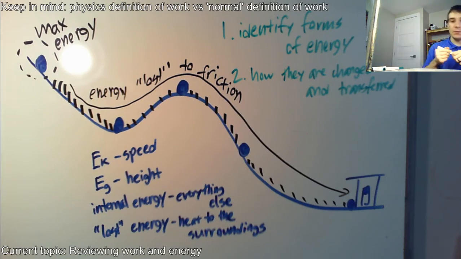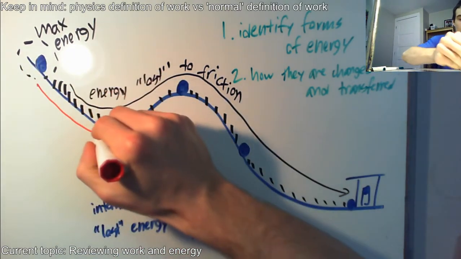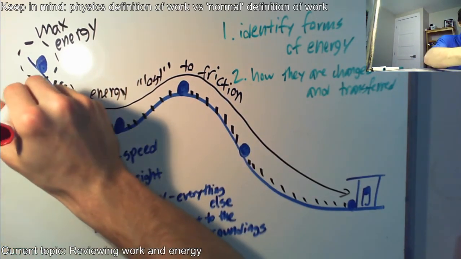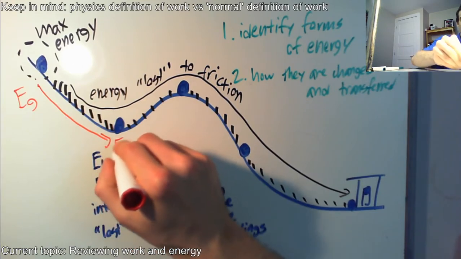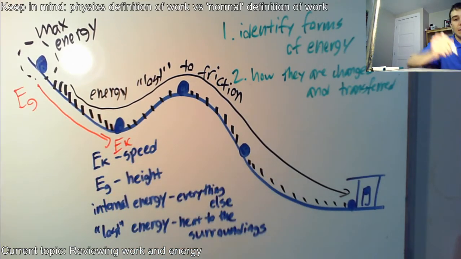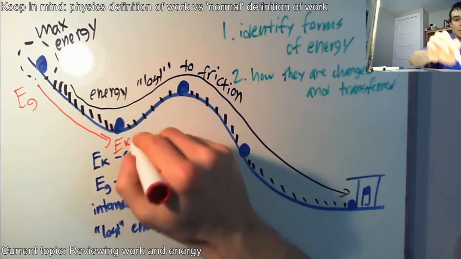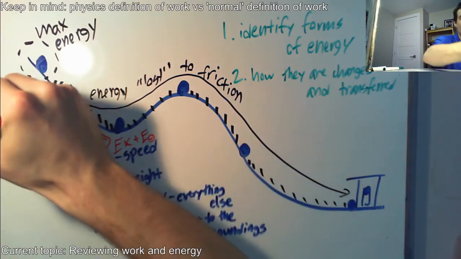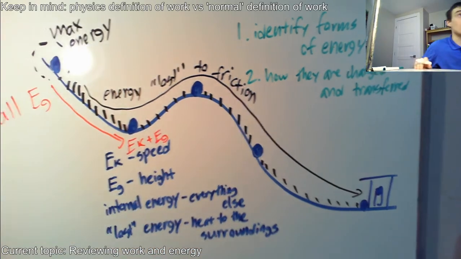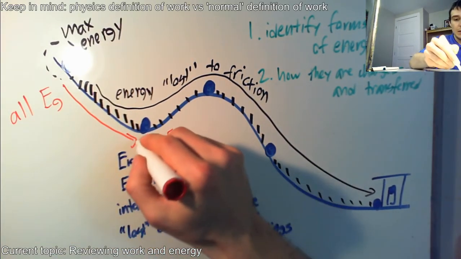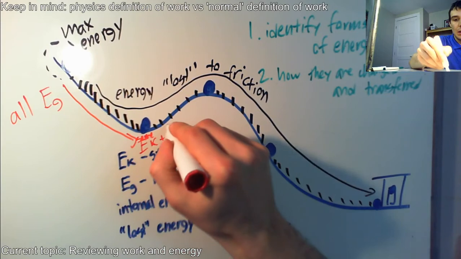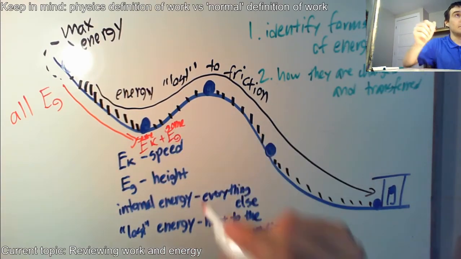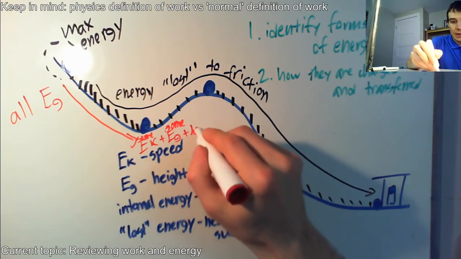Let's talk about transformations. During this stage, from part 1 to part 2, we go from EG to some EK. There's still some gravitational energy, so plus some EG. This is all EG there. This is some EK and some EG plus heat, right?